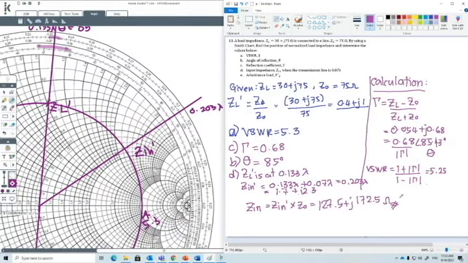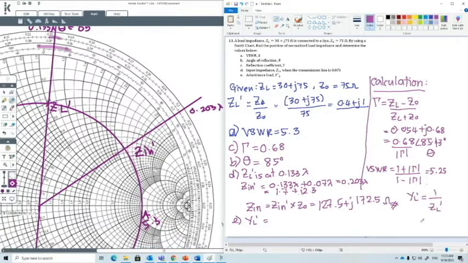And lastly is admittance load YL prime. YL from calculation we know that YL prime is 1 over ZL prime.